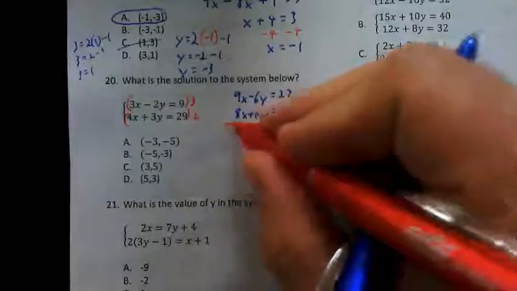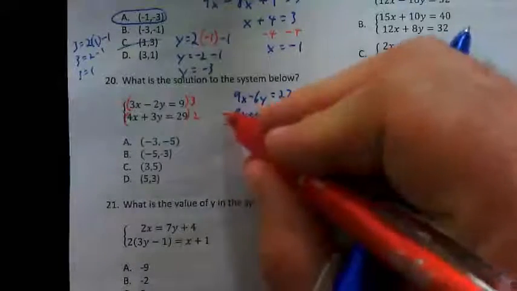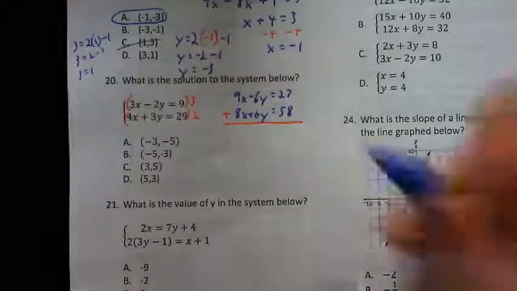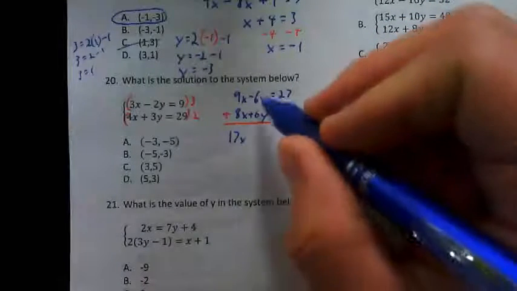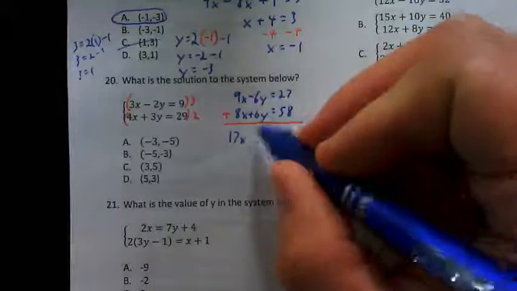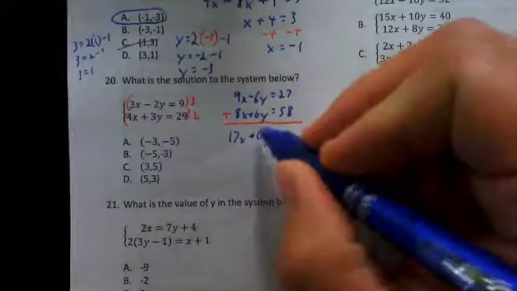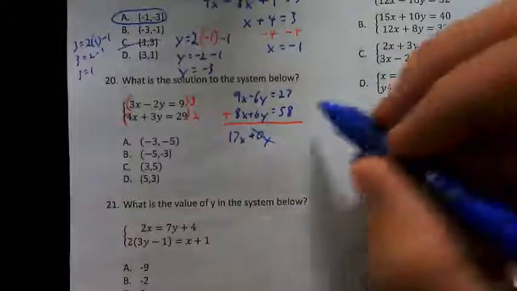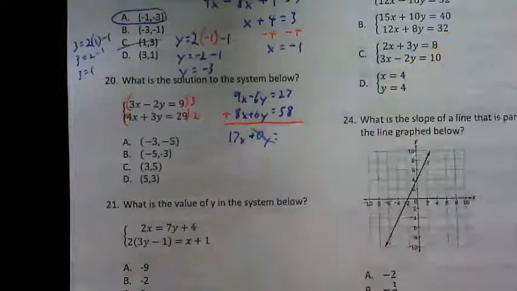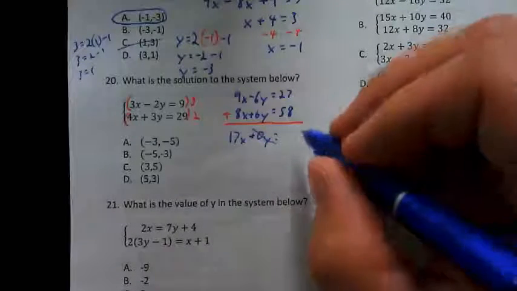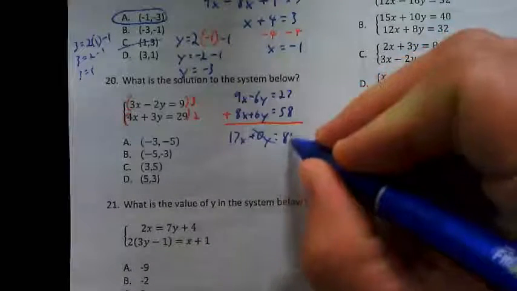So now, combine those two equations together. If we add those two equations, 9x and 8x gives us 17x. The y's cancel out, give you 0y, which again you don't even have to write because they canceled out. And then 27 and 58, that'll give us 85.